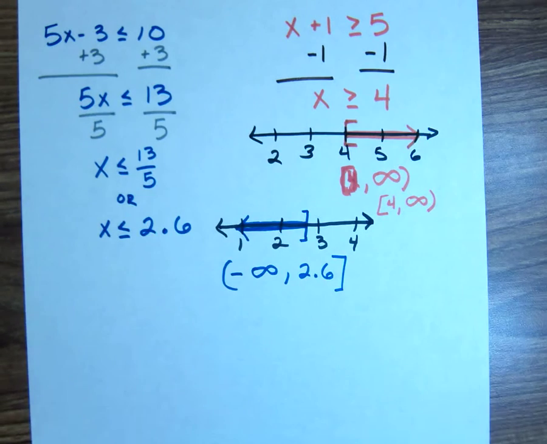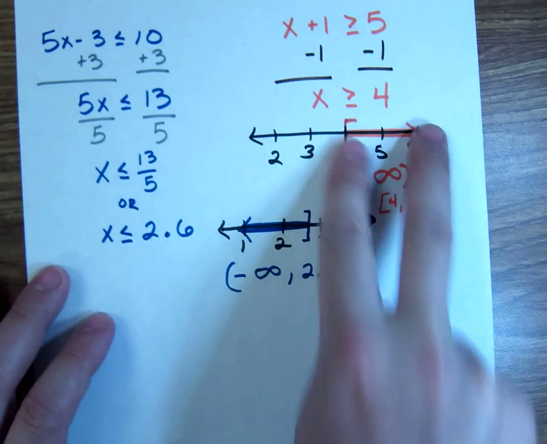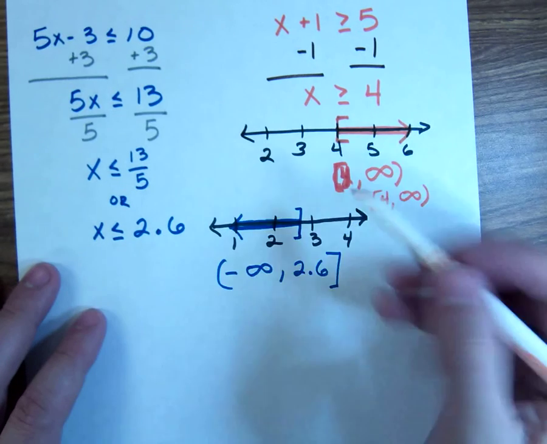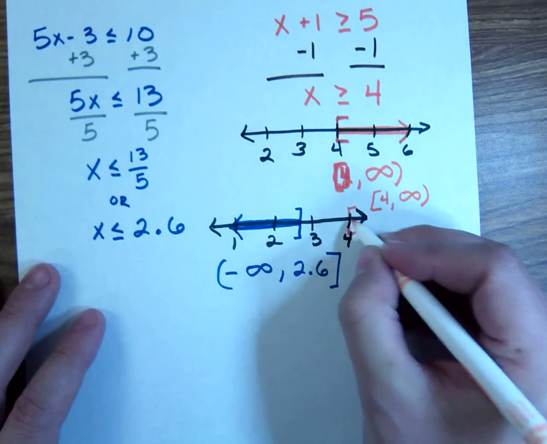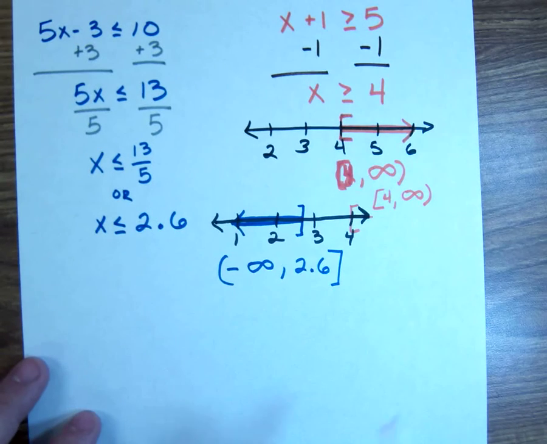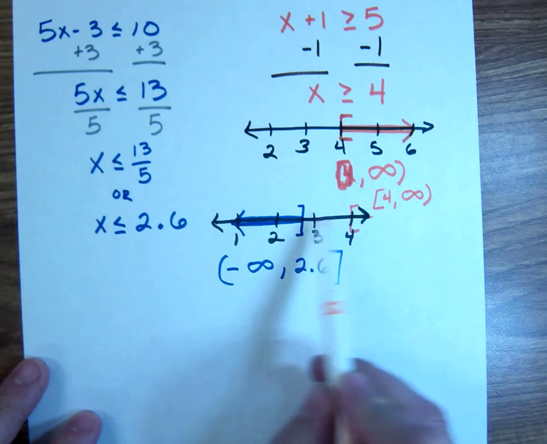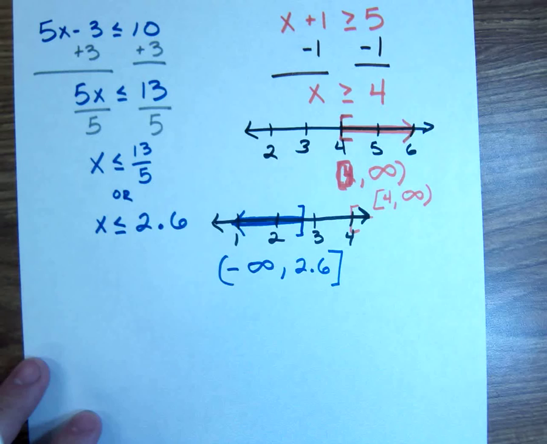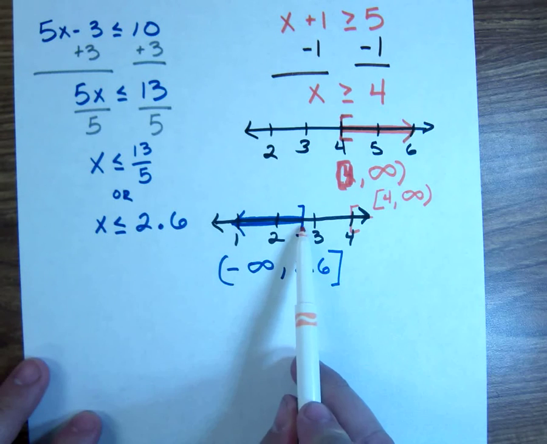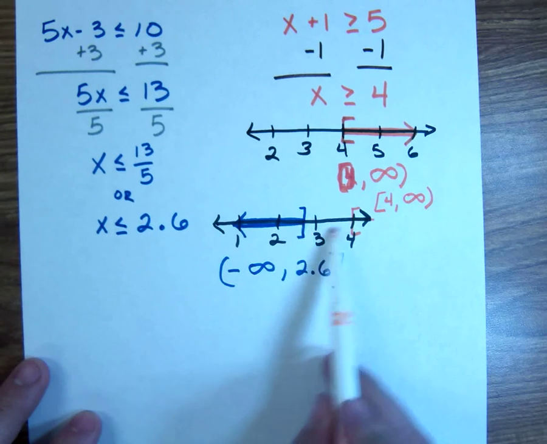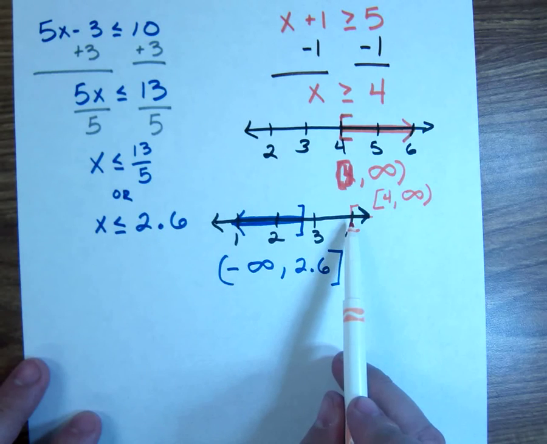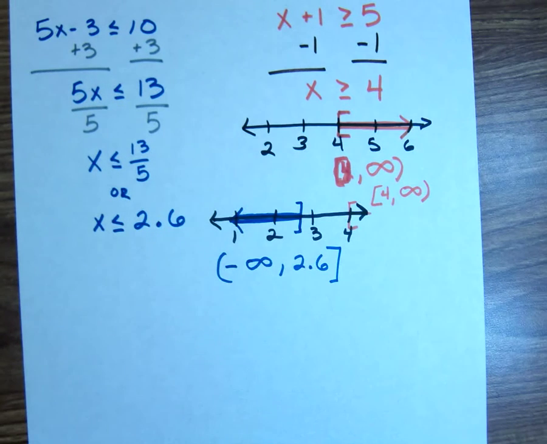If you imagine me taking this orange line and putting it on this number line, it would pick up right here at 4 and go on to infinity, right? So I'm missing this gap right here. So I want to say that it goes from negative infinity to 2.6, skips a little bit, and then goes from 4 on to infinity. How do I write that?